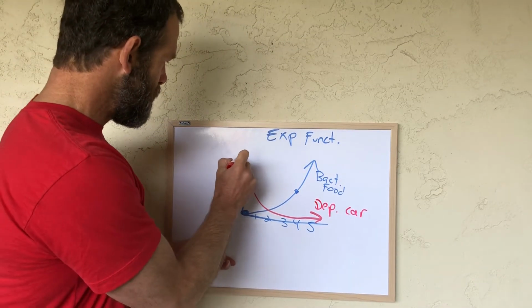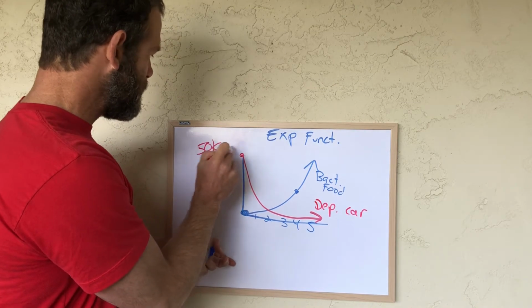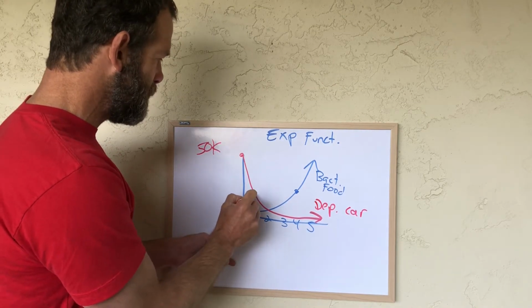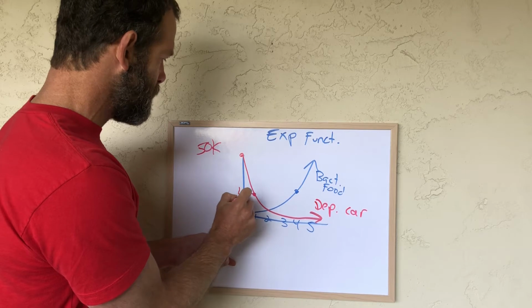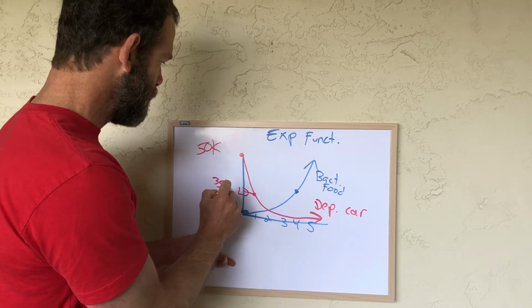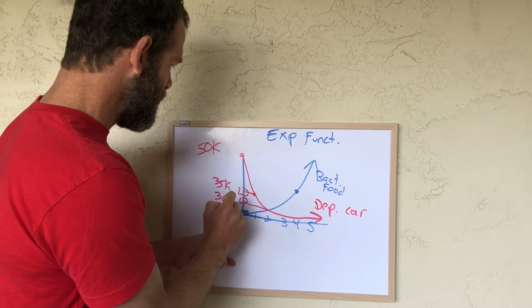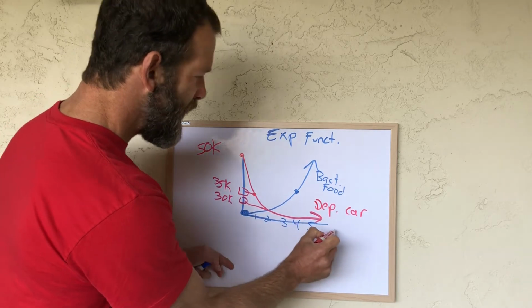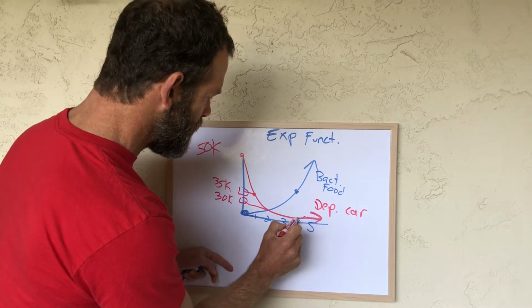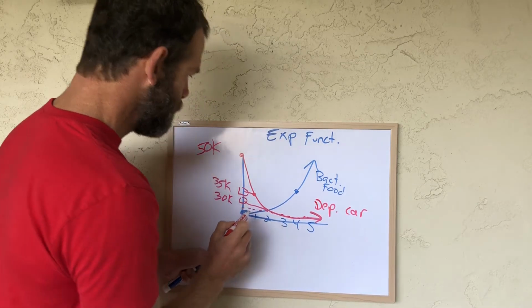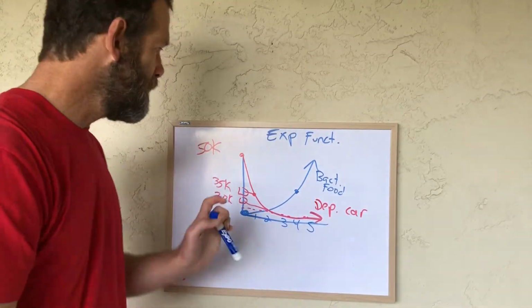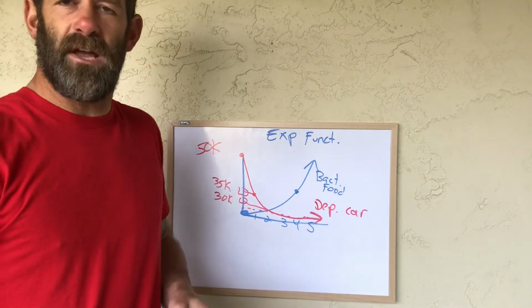Let's say you buy a car for $50,000. After the first year, let's say it's only worth, I don't know, $35K. After the second year, it's only worth $30K. After the third, after the fourth, after the, let's say, 5th year, look how much less it's worth. Which is true because cars depreciate when you drive them off the lot.